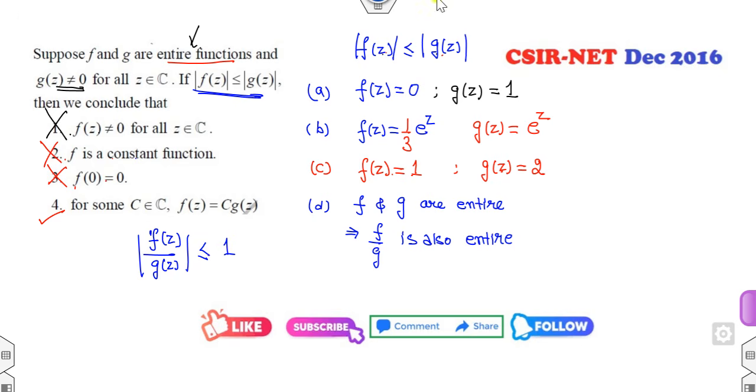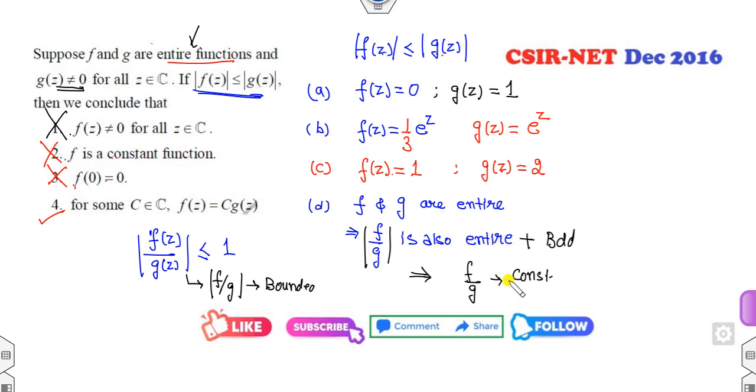That means f over g is a bounded function. Now it is entire, and it is bounded also. Any function which is entire and bounded is a constant function. So I call this c. That means f is equal to c times g. Right.